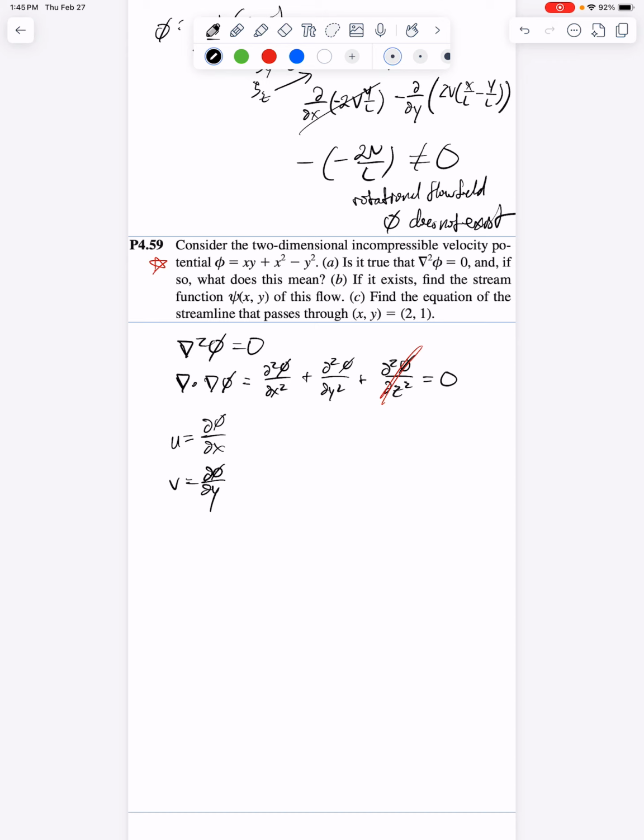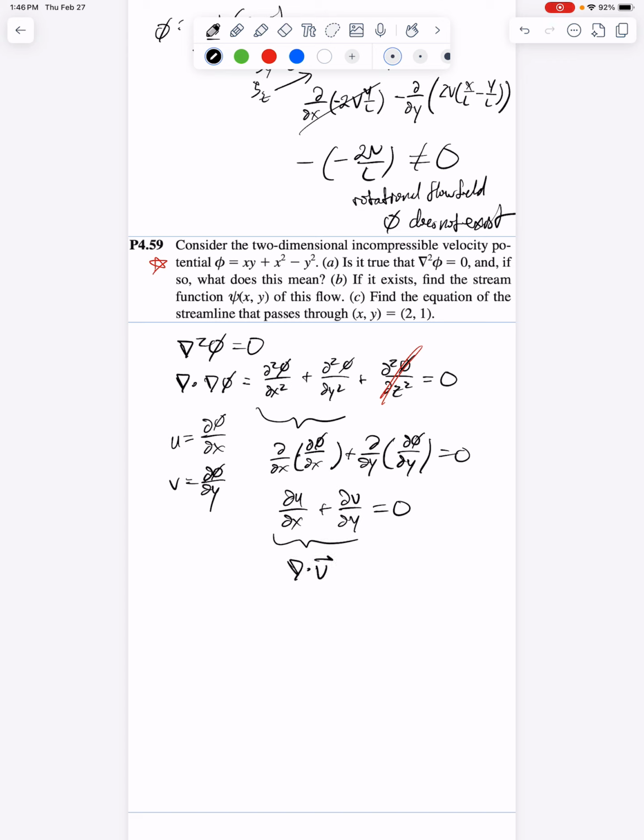If we rewrite this expression, you can see that it's d dx applied to d phi dx, plus d dy applied to d phi dy. So in a way, we can rewrite this expression as du dx plus dv dy equals 0. And this is just that part of the continuity equation.